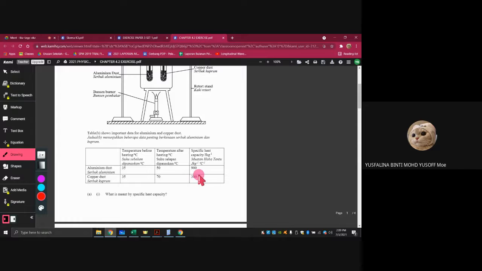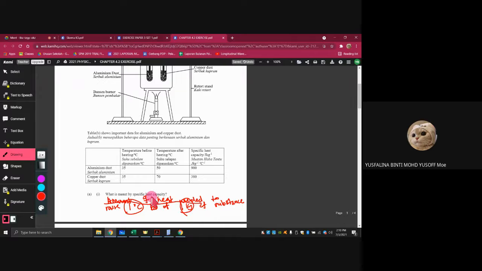So what does it mean by specific heat capacity? The answer is the amount of heat needed to raise 1 degree Celsius of 1 kg of substance.